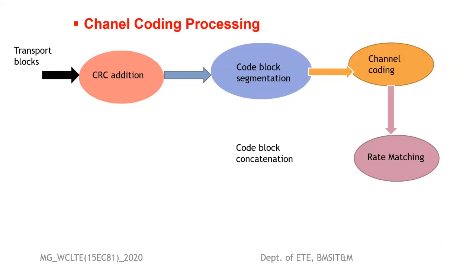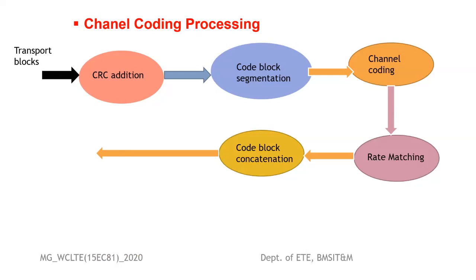The purpose of rate matching is to refit the size of the transport block to the payload size, which is decided by the modulation scheme. Let us see rate matching and other things in detail in the coming slides. After rate matching, the code blocks will be concatenated. These are the different steps involved in the channel coding process.